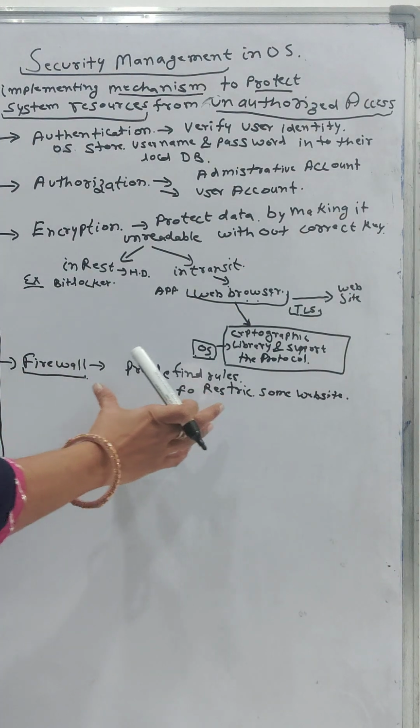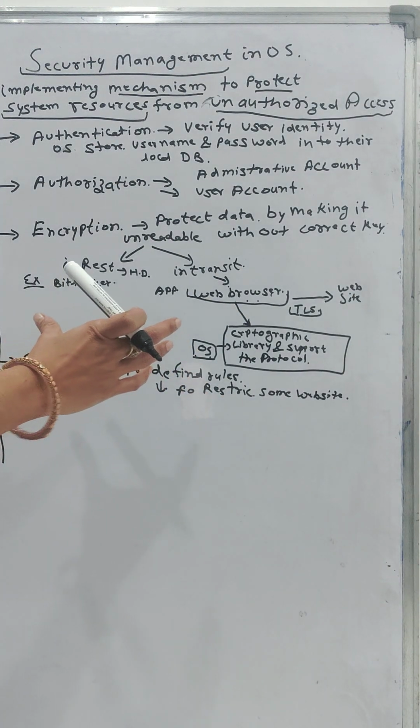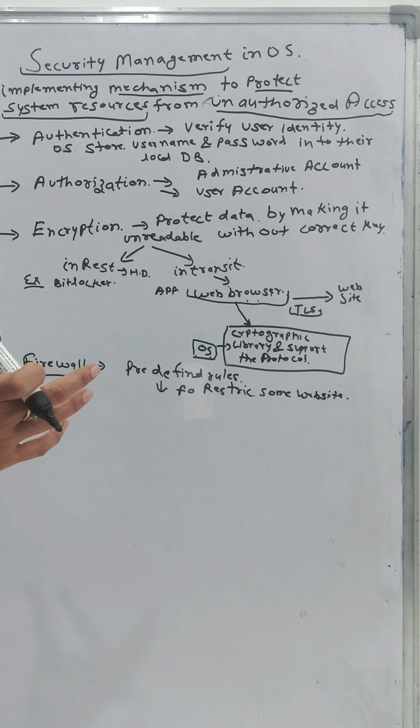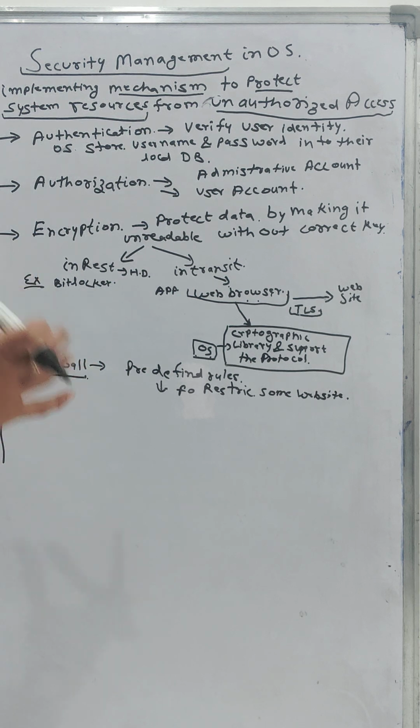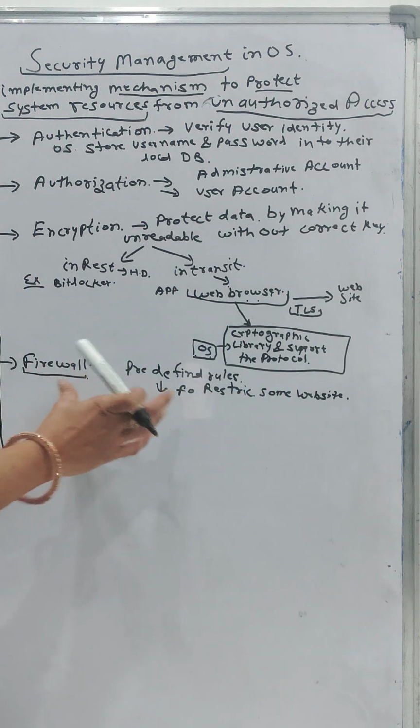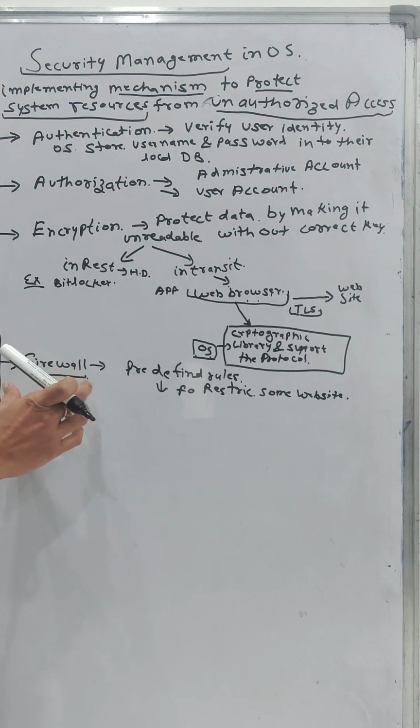We can block some traffic using certain criteria like IP address, port, or URL.